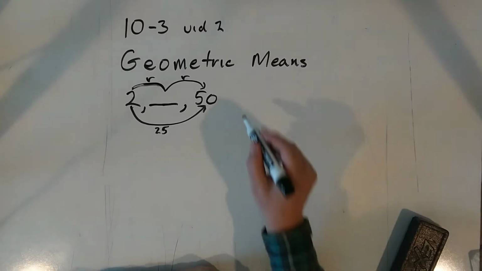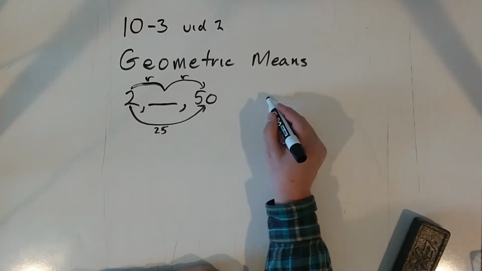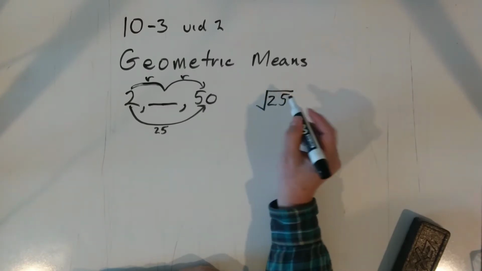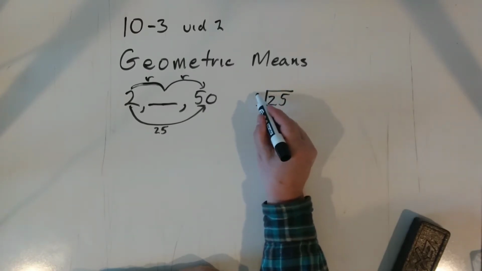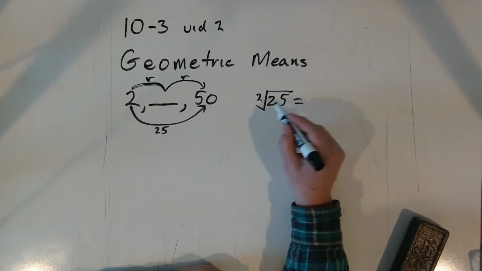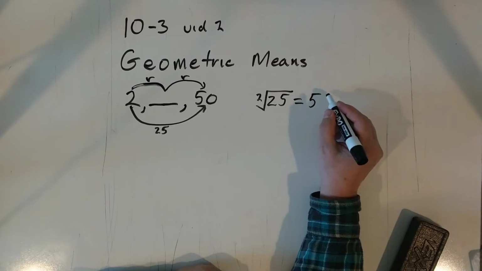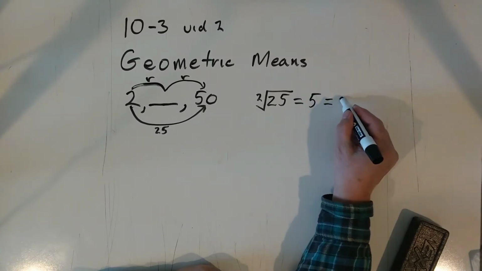Okay, so that means I have 25, and I have to multiply by the same thing twice, so I'm going to look for the square root. The square root of 25 is 5. So that should equal my common ratio.